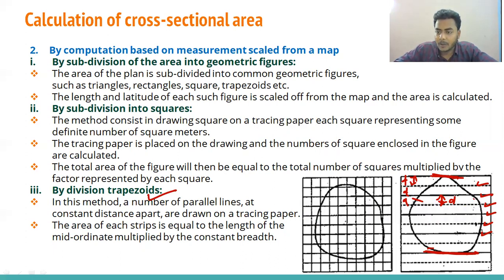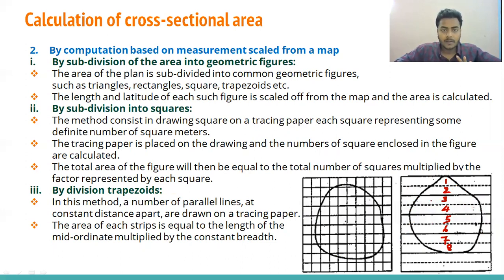We take the average of these ordinates, this one and this one, and so on, and D we have. We can calculate the total area by adding each trapezoidal area. For example, this is 1, 2, 3, 4, 5, 6, 7, 8, and we can add these 8 individual areas to get the total area.